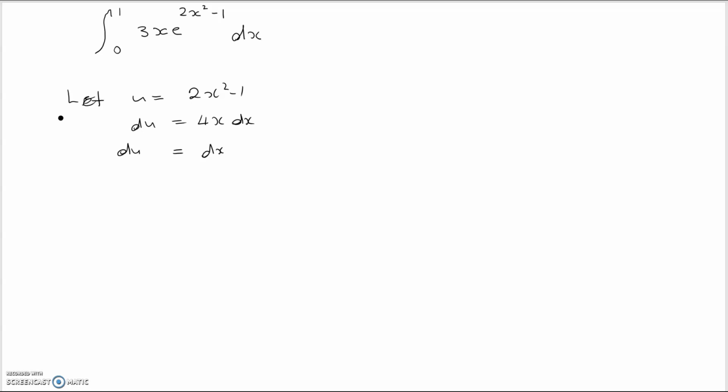Now put it all in terms of what we've got. Now this is x equals 0. Just be careful. So I've got 3x times u times dx, which we found was du over 4x, which neatly gets rid of our x's.